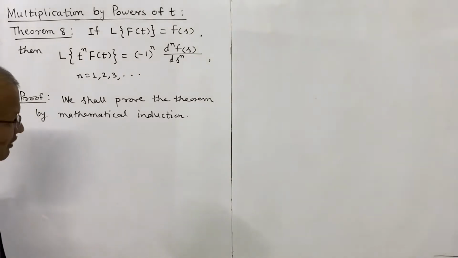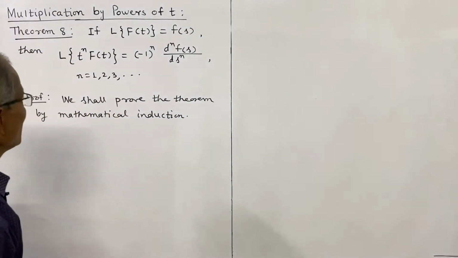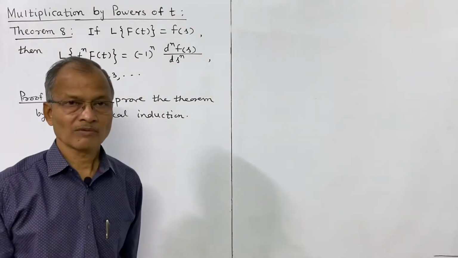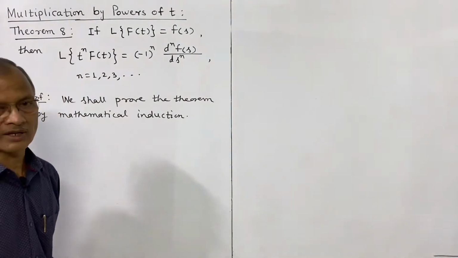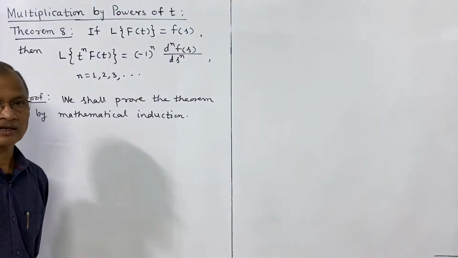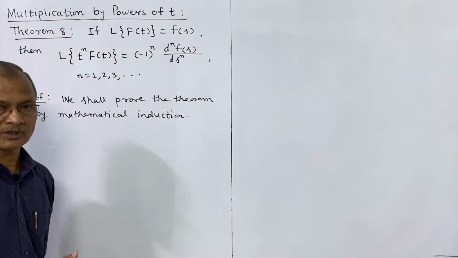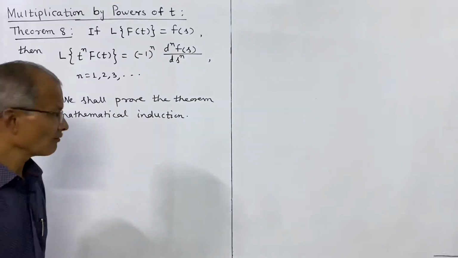And what is the method of mathematical induction? We have to do two steps. The first step is to prove the result is true for n equal to 1, and the second is to assume the result is true for n equal to m, and then prove it for the next immediate value, that is n equal to m plus 1.